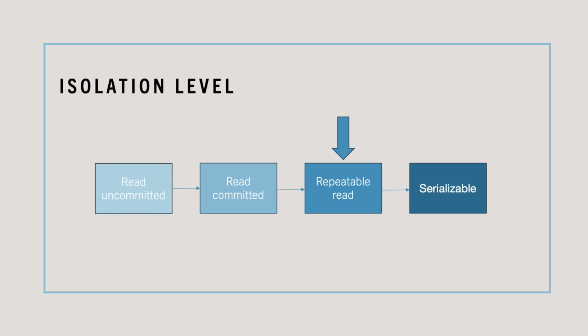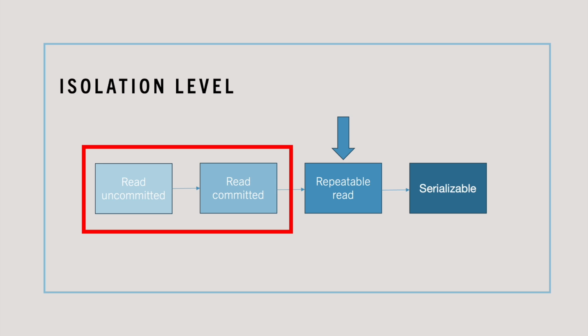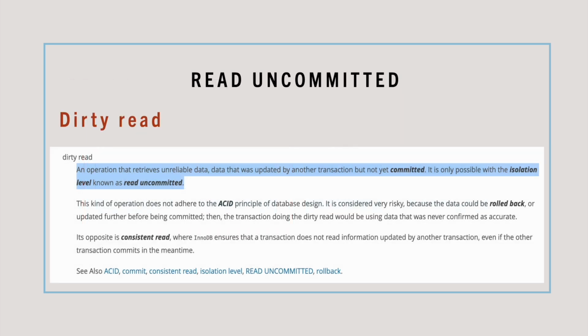In this video, I am going to cover read uncommitted and read committed isolation level and leave the rest in other videos. In order to understand what is read uncommitted isolation level, let's find out what is the issue with read uncommitted. That is dirty read.